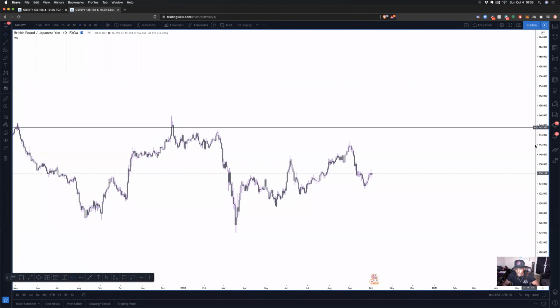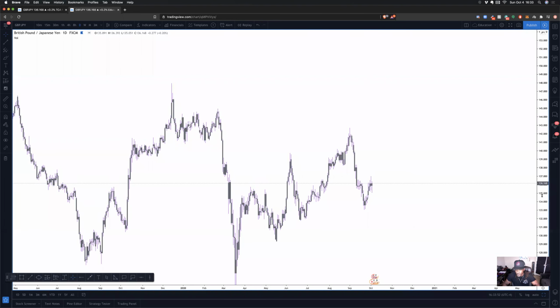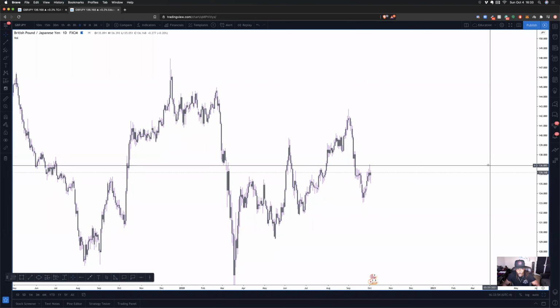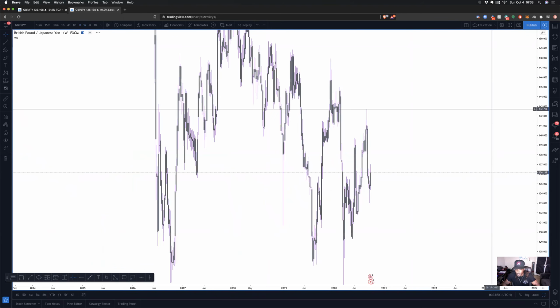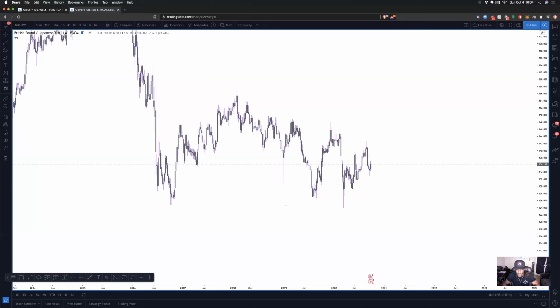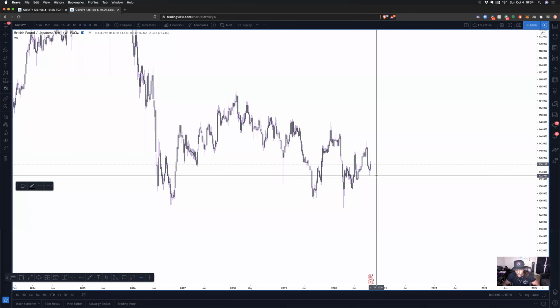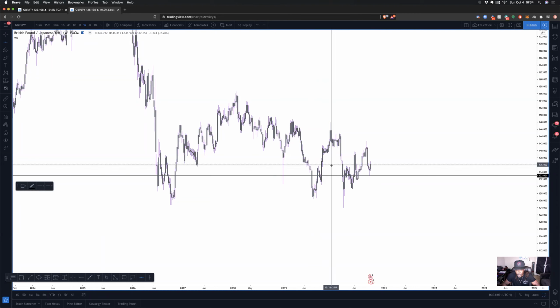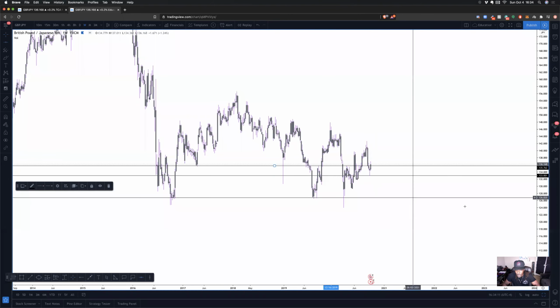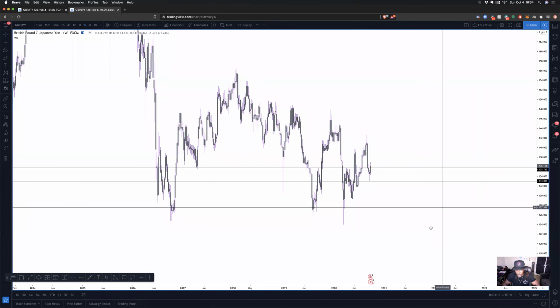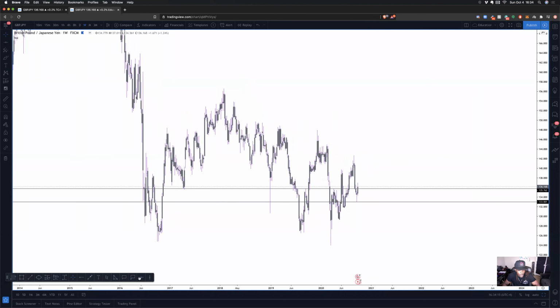Now, if we go into the daily time frame, this is where, well, wait 1 second. Horizontal line. Okay, so let's analyze our weekly levels really quick, because without these, you're not going to be able to spot the reversal.